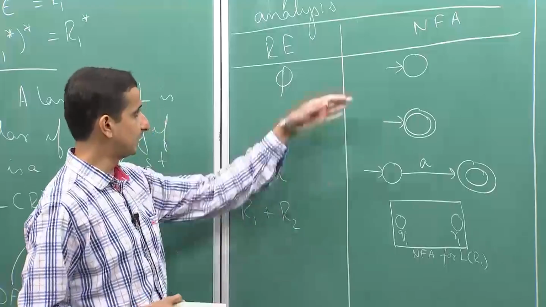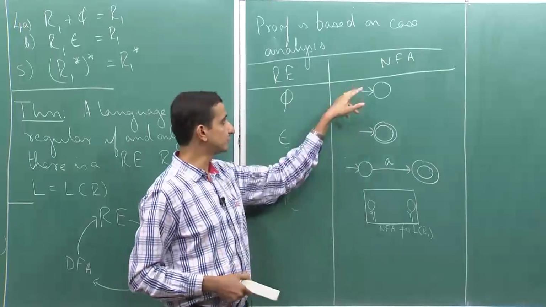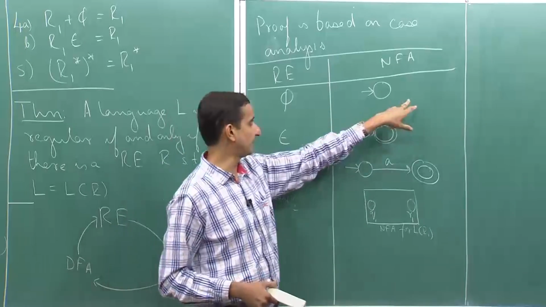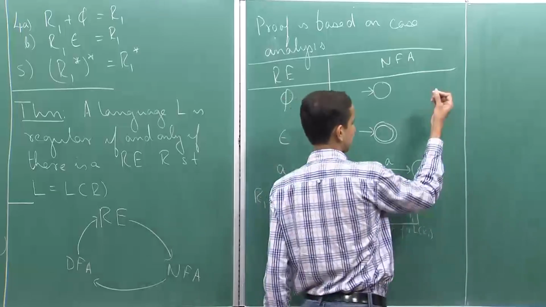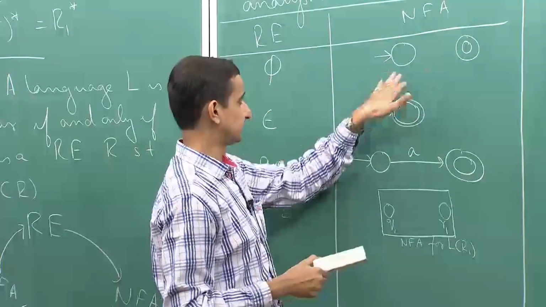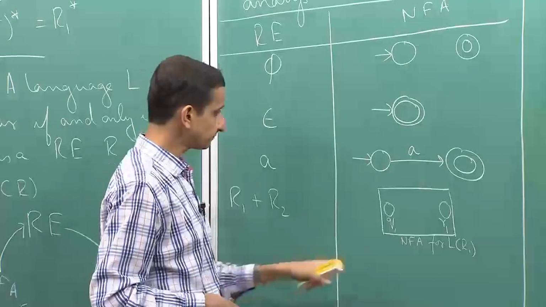If you look at the NFAs that we had constructed earlier, each one of them had a unique start state and a unique accept state. I mean, here we can actually add an accept state also if you want, basically with no transition from the start state to the accept state. So, it is just empty.